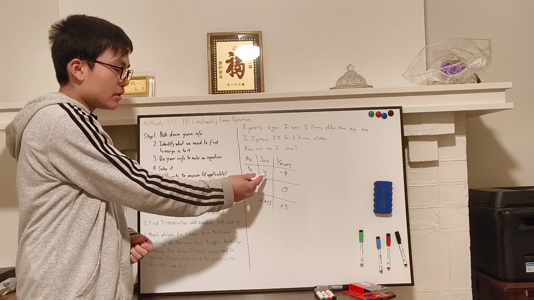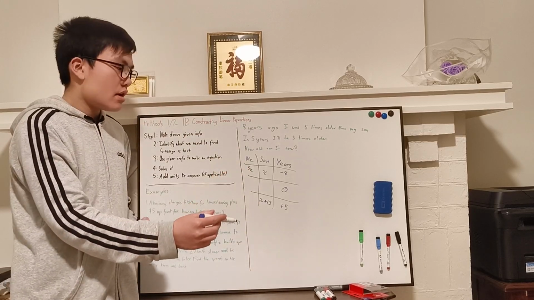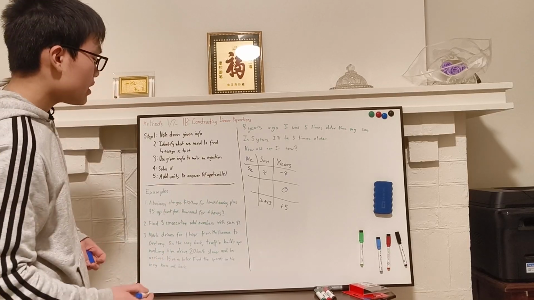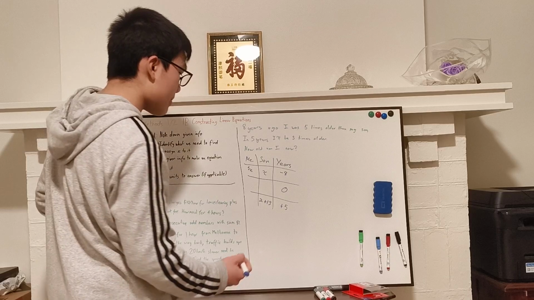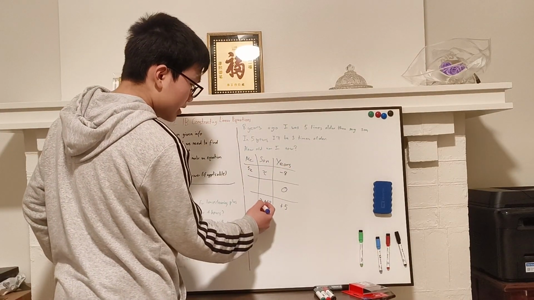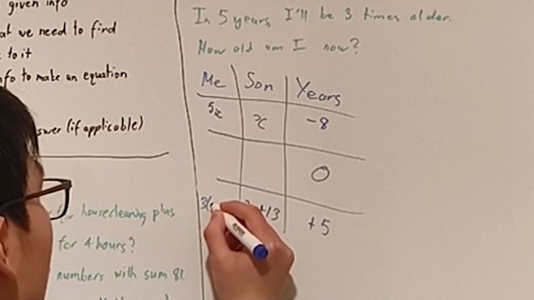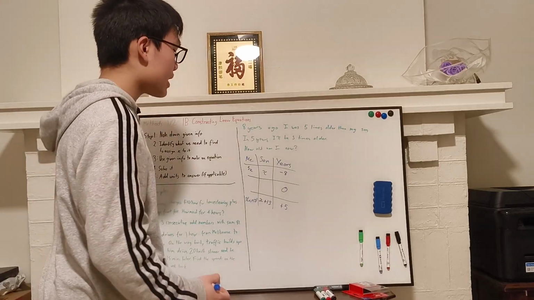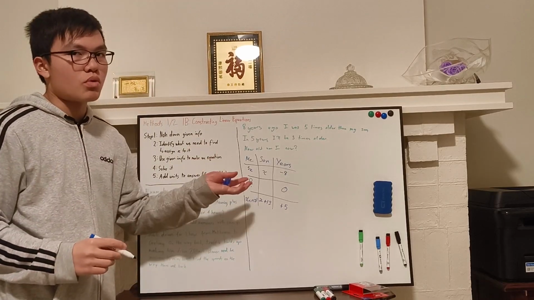Because 8 years later, right now, he's going to be x plus 8 years old, and then in 5 years' time, he's going to be x plus 13 years old. Now the adult is going to be three times older, so 3 times this amount. So that's going to be 3x plus 13. So that's what we've done. Okay, we're just going to put a question mark there, so that's what we're trying to find.